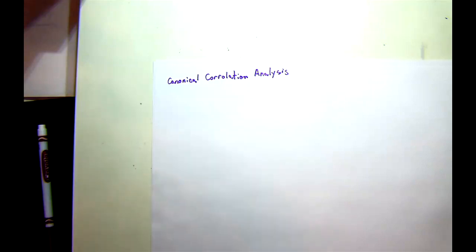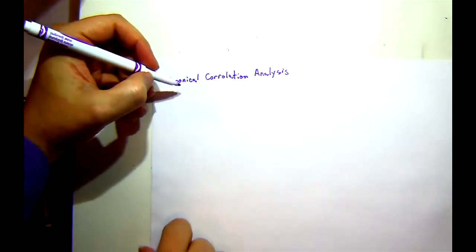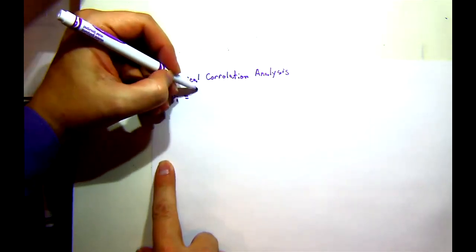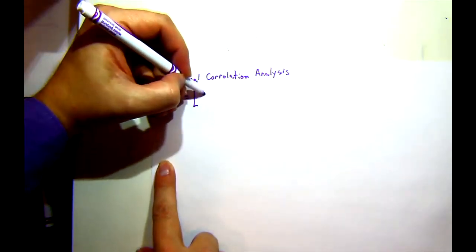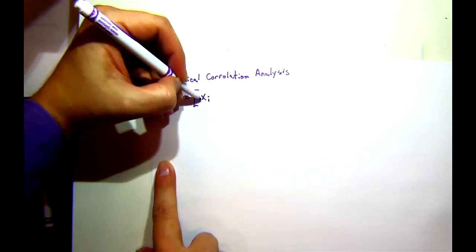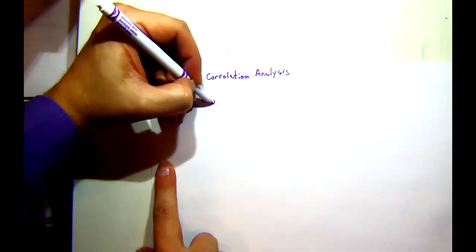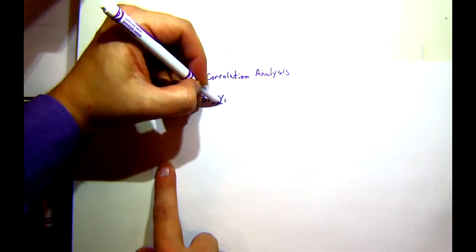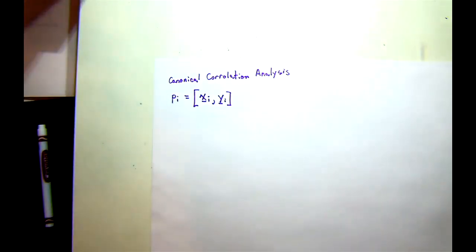It's taking 2 data sets that are paired. So we're going to look at a data set x_i, and it'll have a corresponding data set y_i.